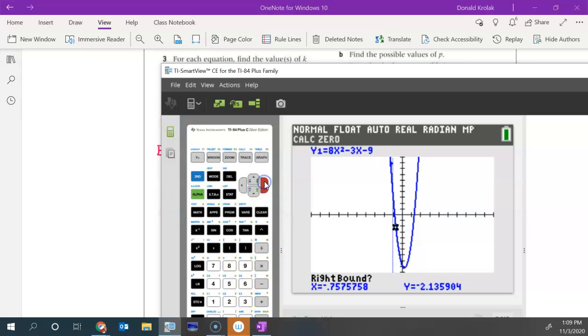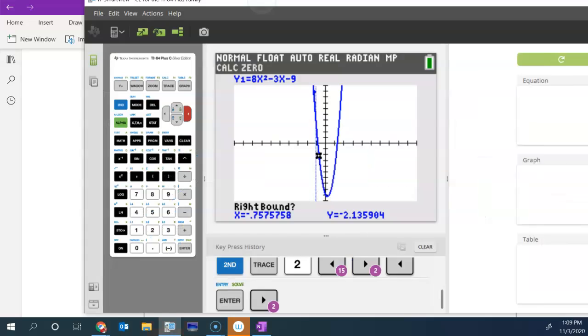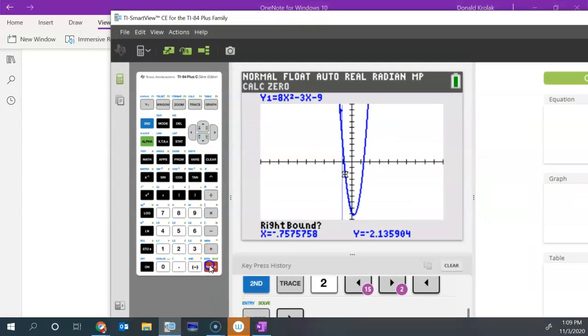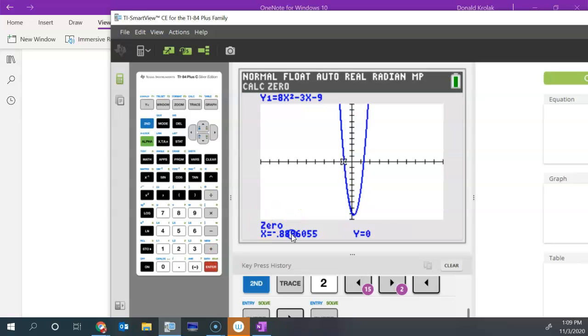The right bound is after. And you can skip the guess. When it says guess, just hit enter. Okay, there's our zero. If I round that to 3 sig figs, the 6 would make the 9 a 10, and that would make this a 9. So it would be negative 0.890.